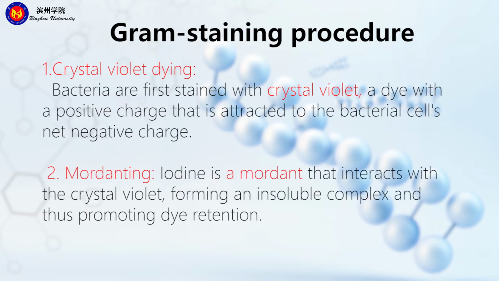Step 2 is mordanting. We use iodine in this step. Iodine is a mordant that interacts with the crystal violet, forming an insoluble complex and thus promoting dye retention.